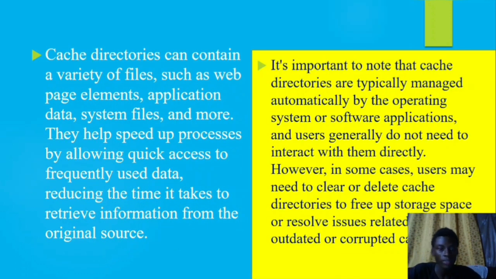Cache directories can contain a variety of files, such as web page elements, application data, system files, and more. They help speed up processes by allowing quick access to frequently used data, reducing the time it takes to retrieve information from the original source.